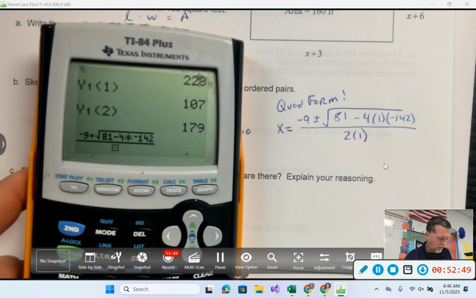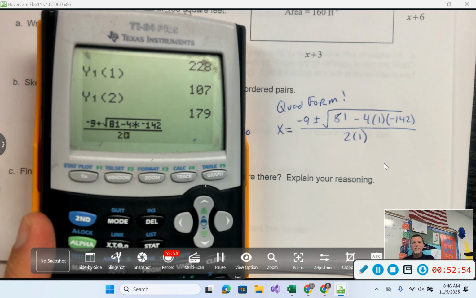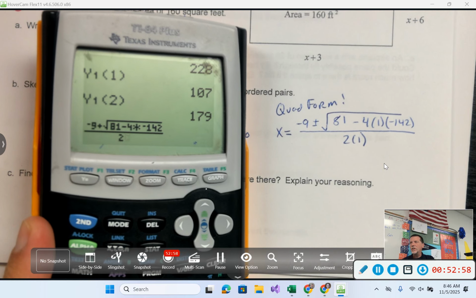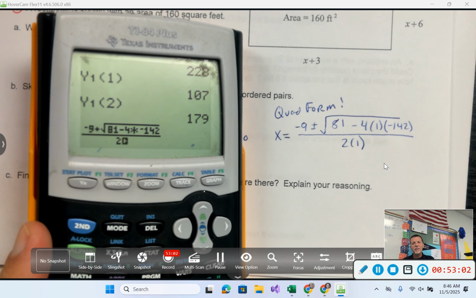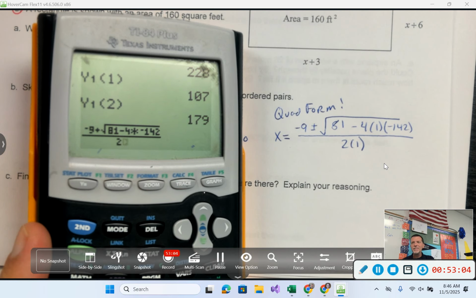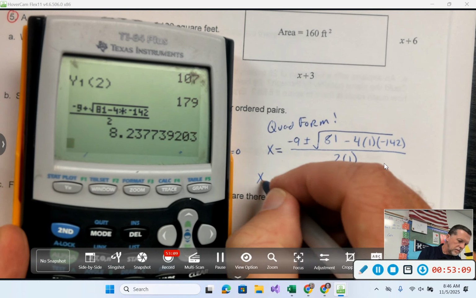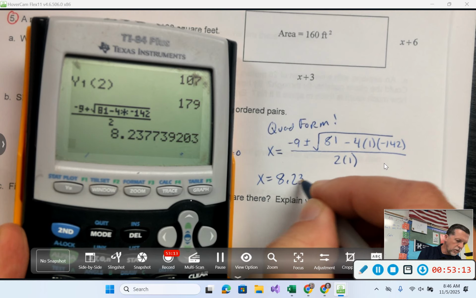Although that would be weird, so maybe I don't wish. So negative 9 plus the square root of 81 minus 4 times negative 142, over 2. I do a little bit of math in my head because it's just easier in my head than in the calculator. I know what 2 times 1 is. I don't need to type that in. So one of my answers is 8.238.